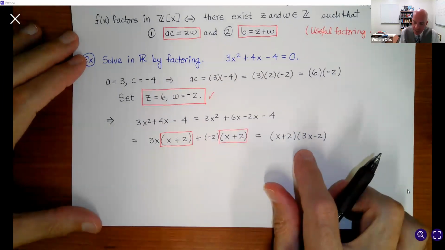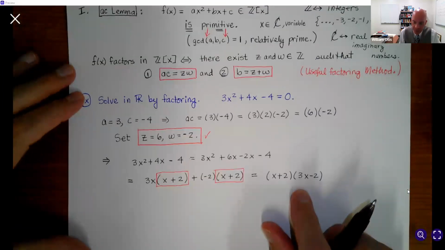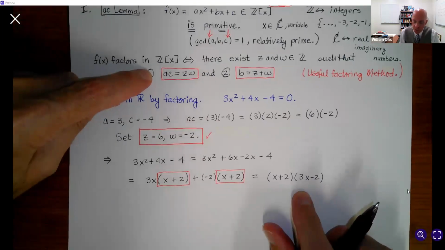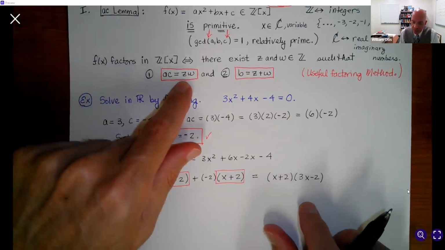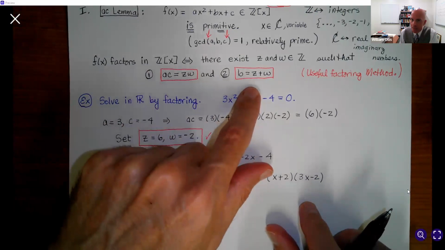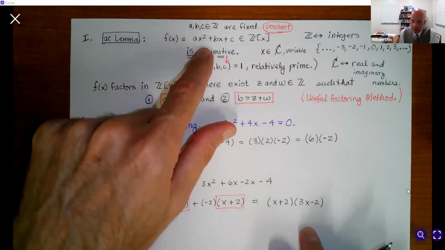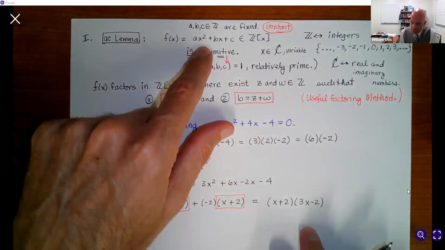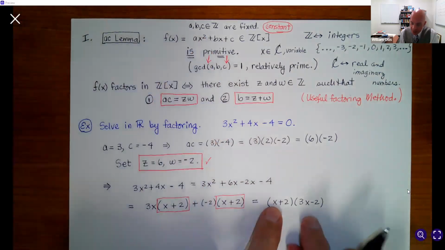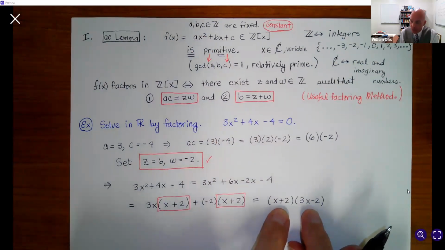So now you see that these are sufficient conditions. That is, if we do have the existence of the z and the w, then we can actually write the primitive quadratic polynomial as a product of two first-degree polynomials.